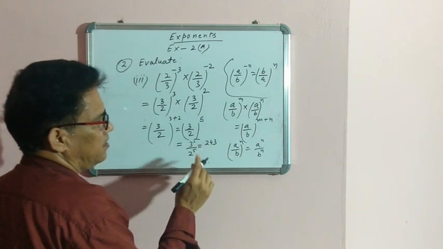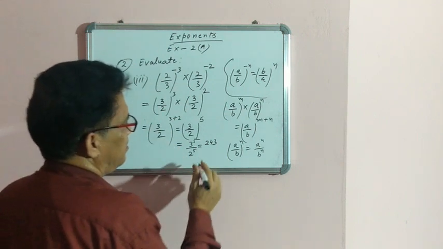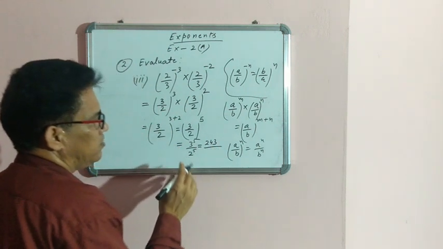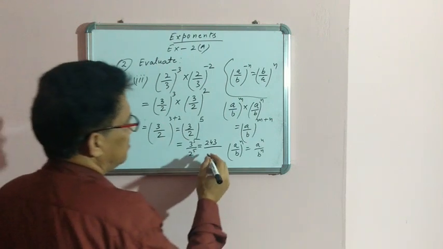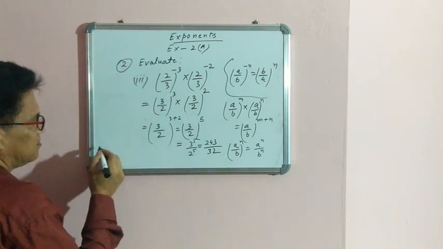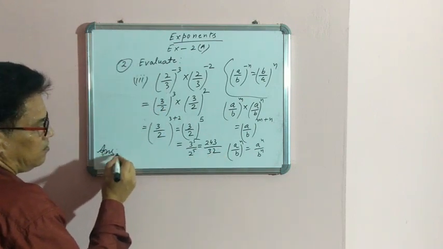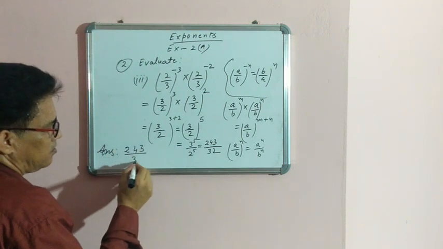That is 3 into 3 into 3 into 3 into 3. And now 2 into 2 is 4, 2 are 8, 2 are 16, 2 are 32. So our answer is 243 upon 32.